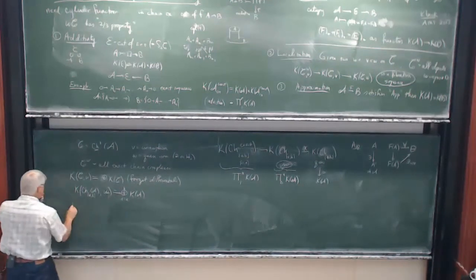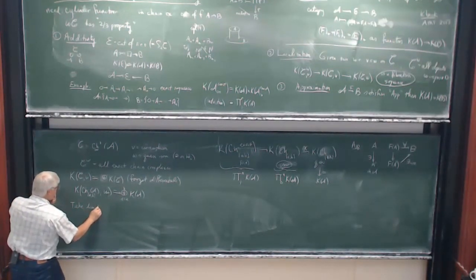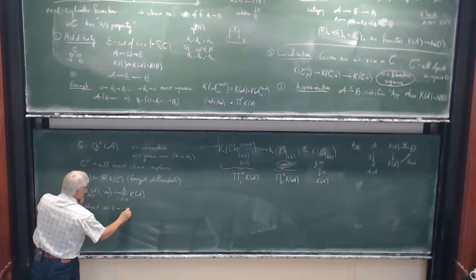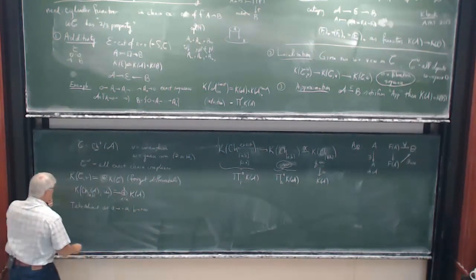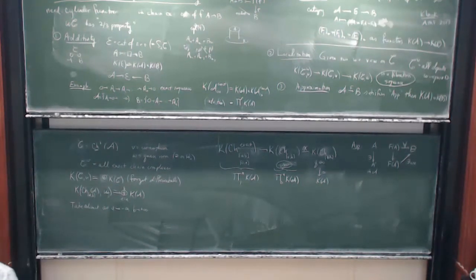Well, so now the point is that you take the direct limit, which is the direct co-limit actually, as A goes to minus infinity and B goes to plus infinity. And so one of the fundamental properties of K-theory is that it's going to commute with filtered co-limits.